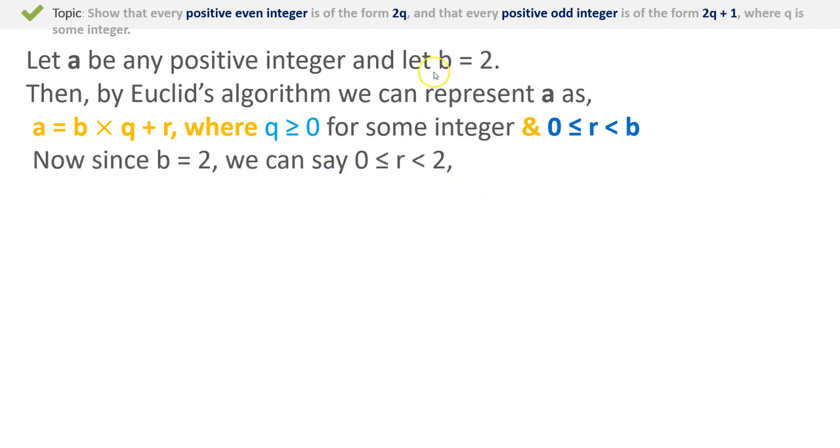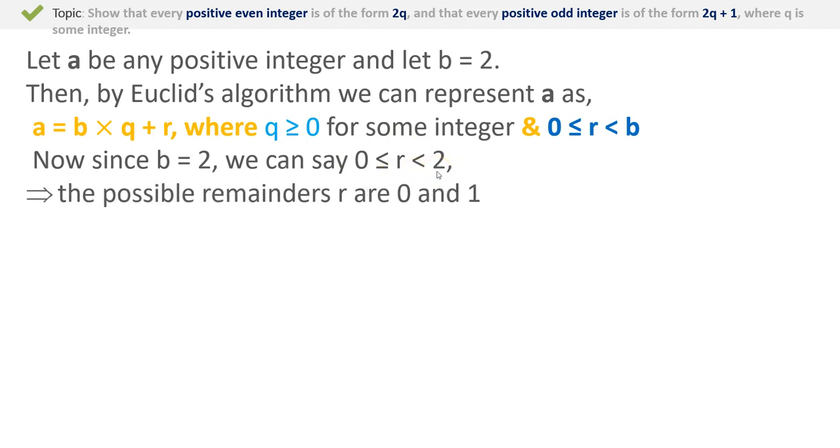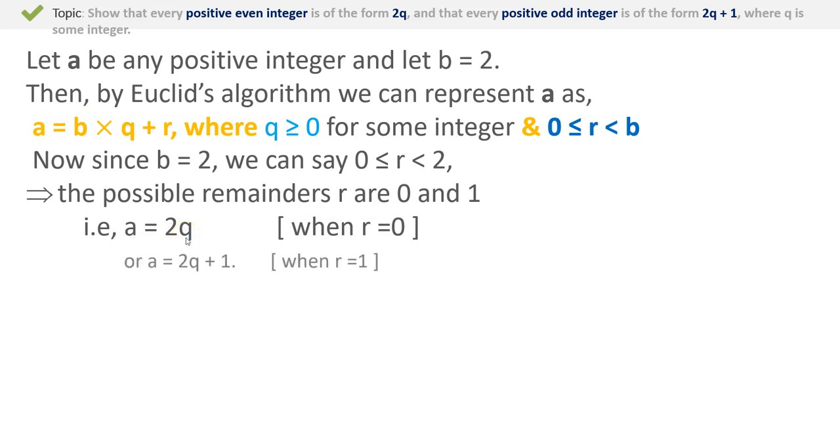Now since b has been assumed equal to 2, we will have remainder r greater than or equal to 0 and less than 2. And hence the possible remainders for r could be 0 or 1. Now if we consider 0 as the remainder, a can be represented as 2q. If we consider 1 as the remainder, a can be represented as 2q plus 1.